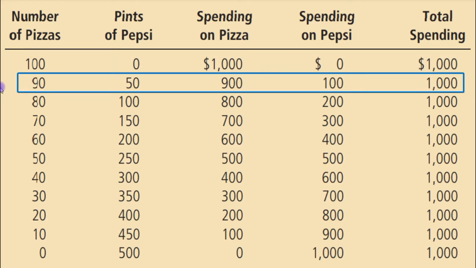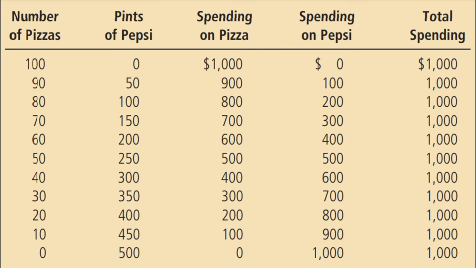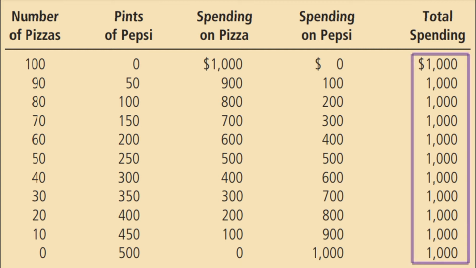The second row shows another possible combination, that is 90 pizzas and 50 pints of Pepsi, and so on. Each consumption bundle in this table costs exactly $1,000 because the consumer has spent all his income on pizza and Pepsi.